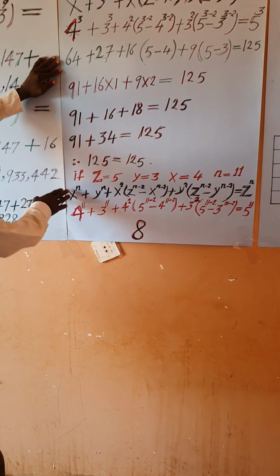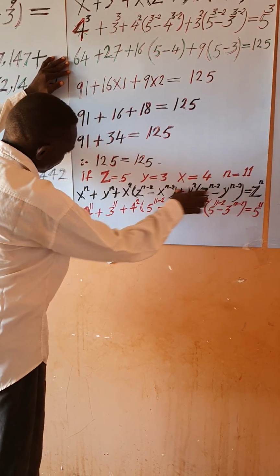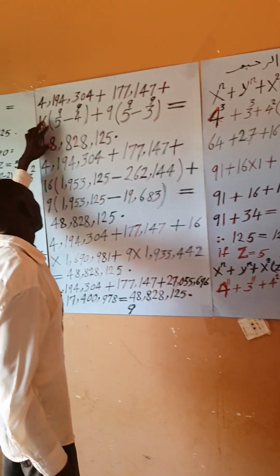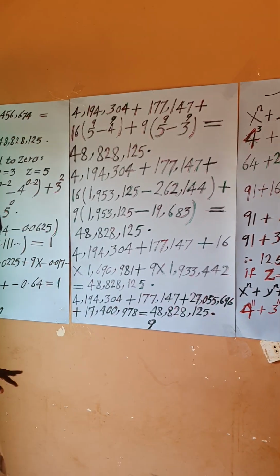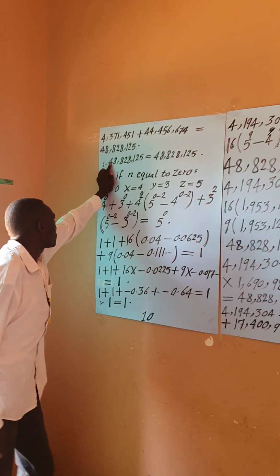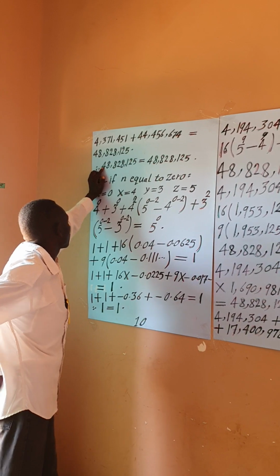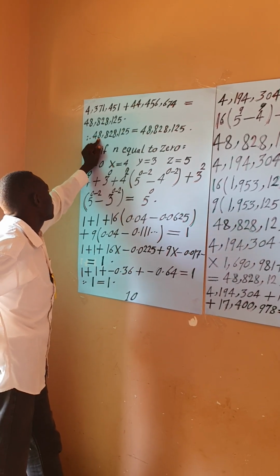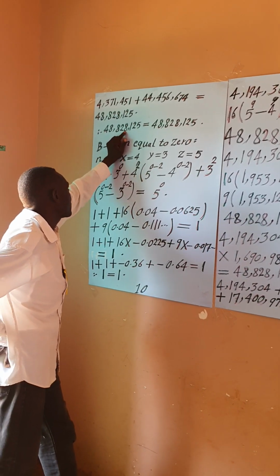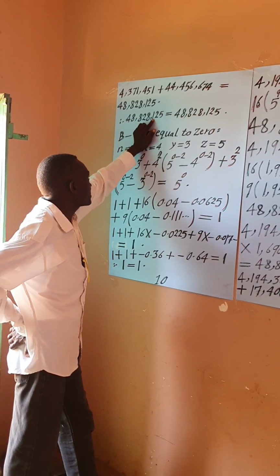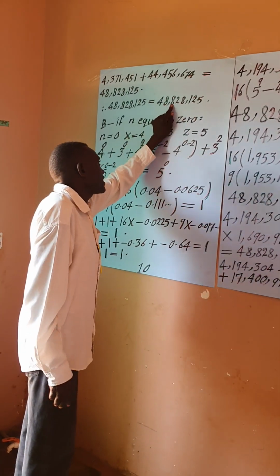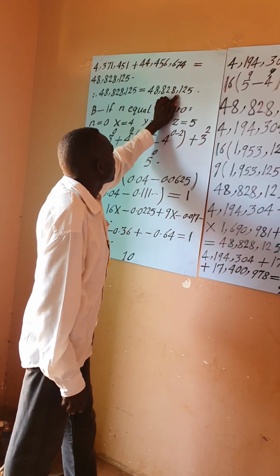If we apply this equation, this new theorem, and you compute, in the end we get 40,828,125.